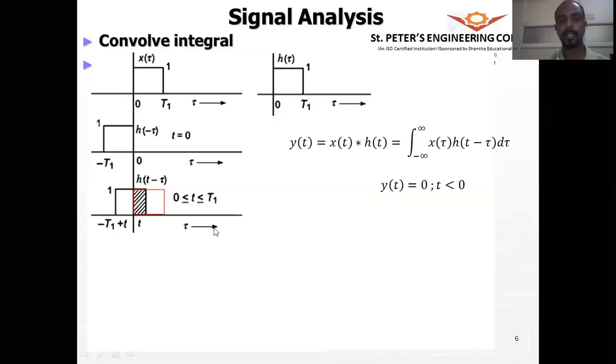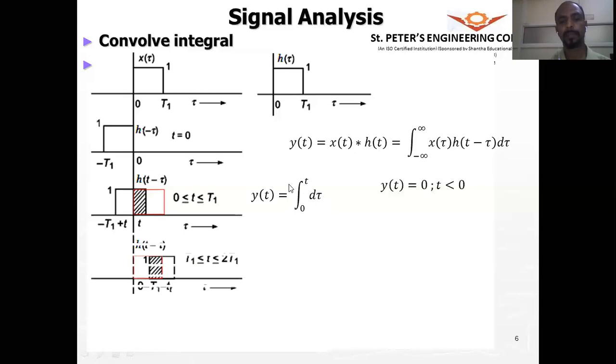So in that range, y of t will be computed as the integral from 0 to t of d tau, because both the signals have amplitude 1. So therefore, the function value is 1. When you integrate this, it is simply t.